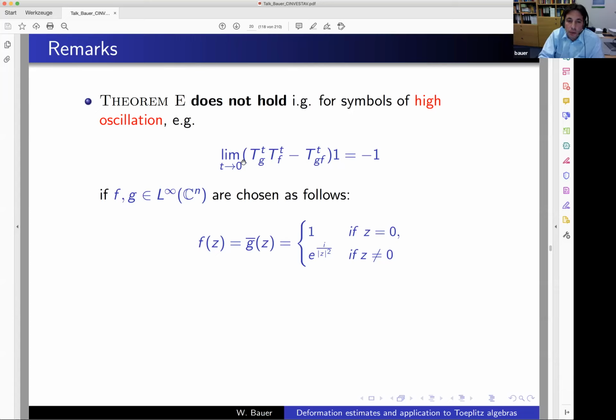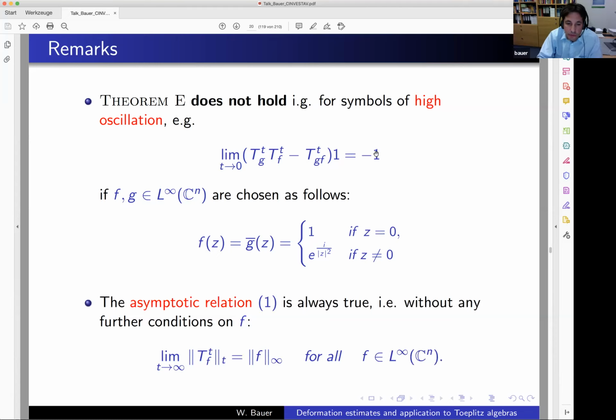So in that case, you get that the limit of T_g T_f minus T_gf applied to 1 is -1. So that does not even converge pointwise to 0. This operator T_gf is actually the identity, because this here is the identity operator. So that's where the -1 comes from. And if these symbols g and f oscillate very much, then that product tends to 0 if you apply it to 1. And that's what happens here. So one point is enough.